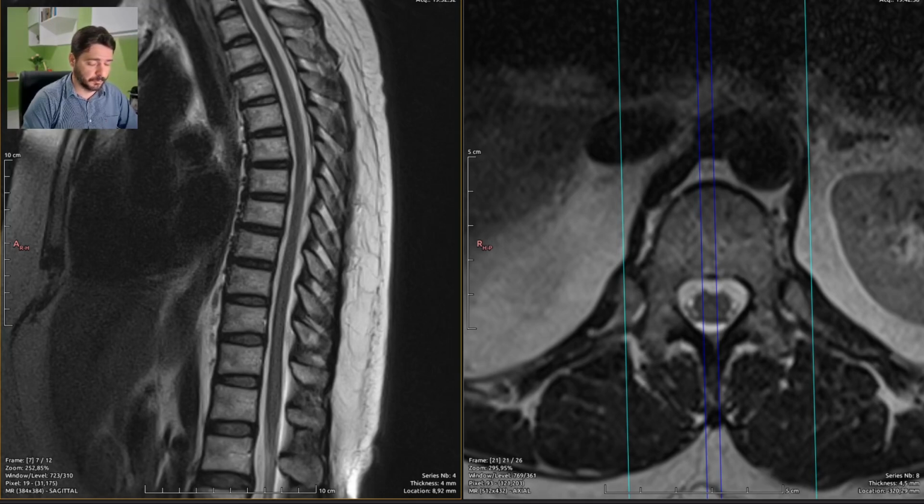Very small protrusion. And there is arthrosis. Costovertebral joints and facet joints. Now let's summarize it.